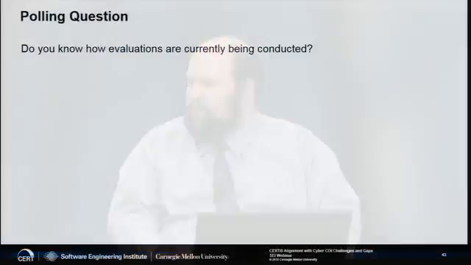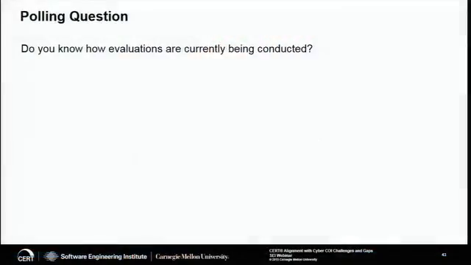So pass that to you. Yeah, so we're going to kick it off with a polling question, and that'll be on your screen now. Just wanting to know, do you know how many evaluations are currently being conducted? There's no right answer, but there is a right answer, but since it's a polling question, we need you to type the answer into the Q&A section for your guess. There's not a multiple choice option appearing on the pop-up, so type in your answer.